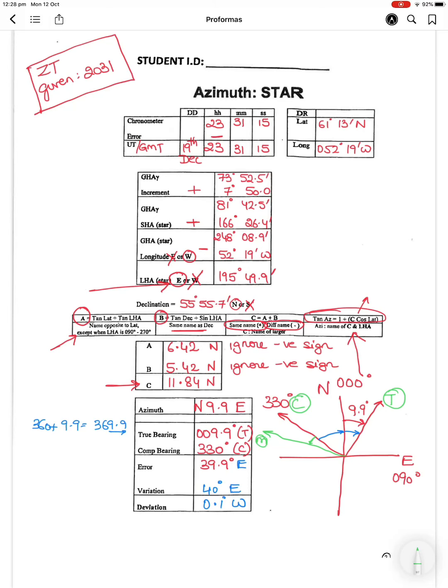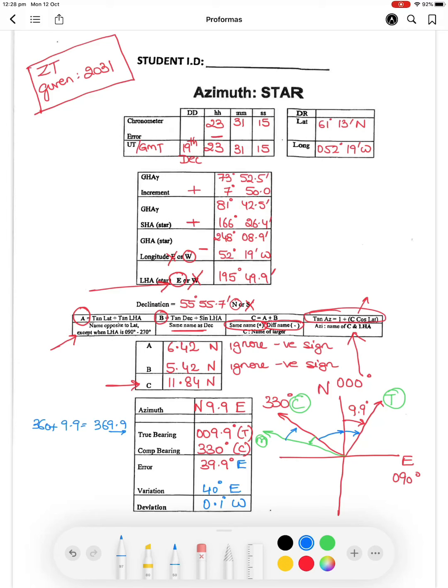This is your magnetic bearing. So therefore deviation is the difference between magnetic bearing and compass bearing. And because compass is to the west of magnetic, your deviation is 0.1 degree west. Although it's almost the same line, I'm just trying to show the difference here.